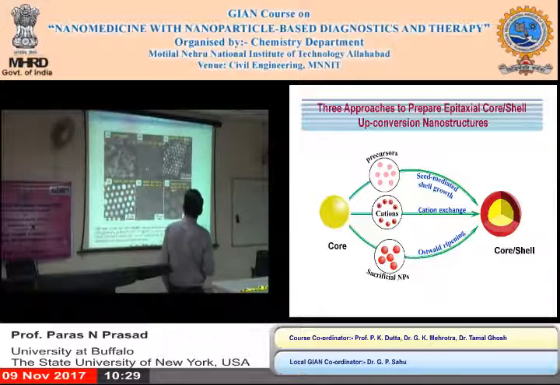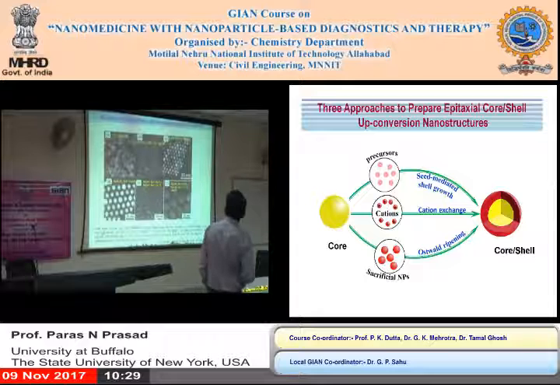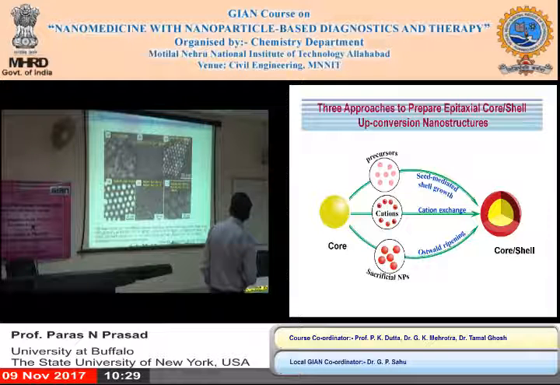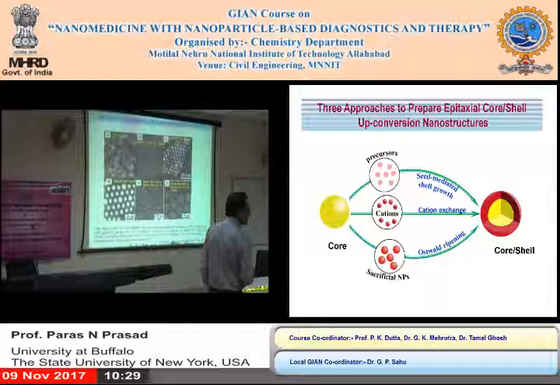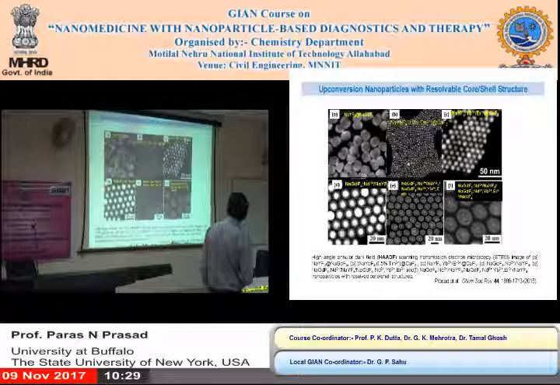So this gives you some examples of how you characterize them. Very often you can do TEM, transmission electron microscopy, and you can see the core and shell structure. In this case the core is sodium gadolinium fluoride doped with sodium, and then your shell is sodium yttrium fluoride doped with others.